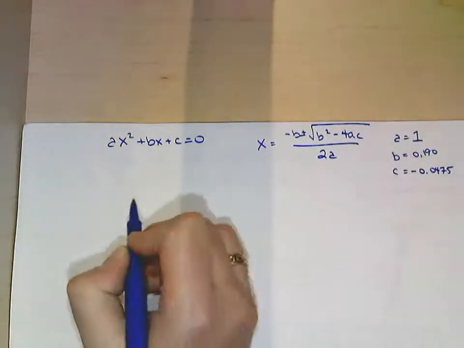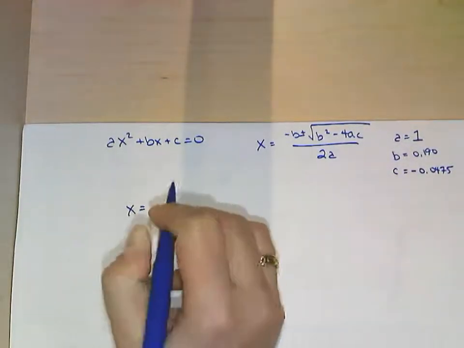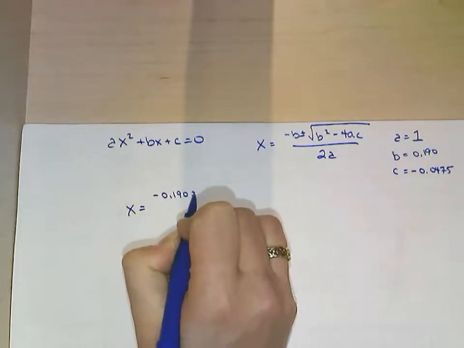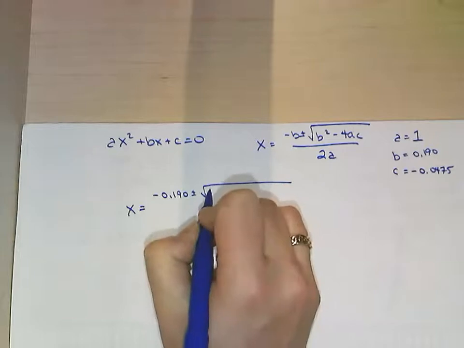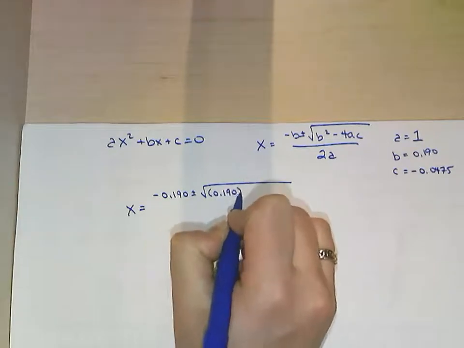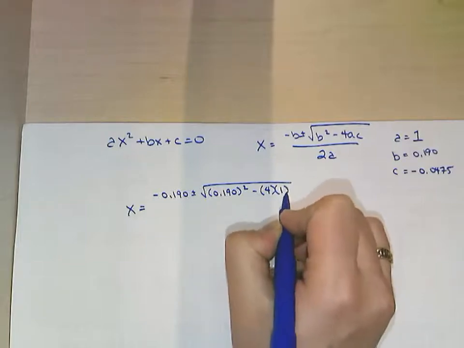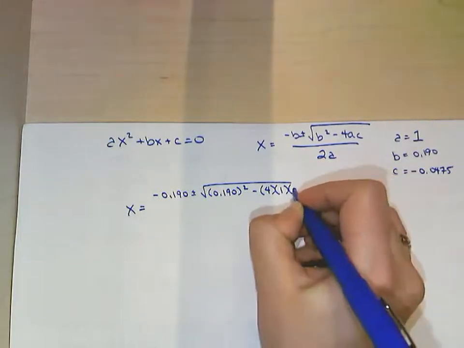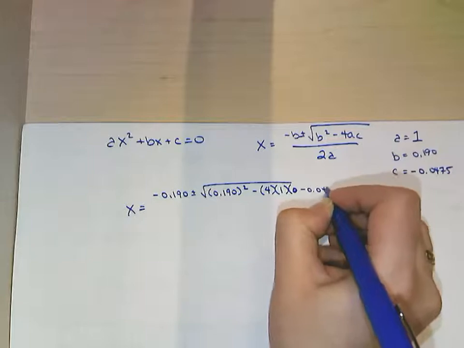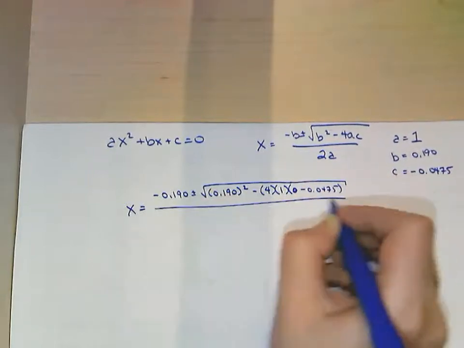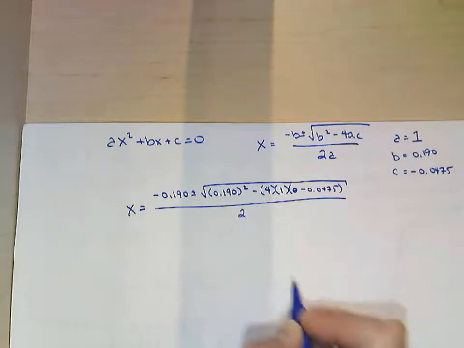So I now have x equals negative 0.190 plus or minus the square root of 0.190 squared minus 4 times 1 times negative 0.0475, all divided by 2 times 1.